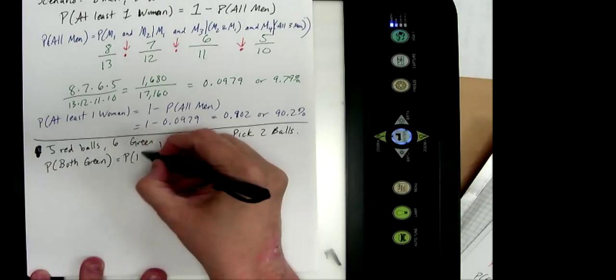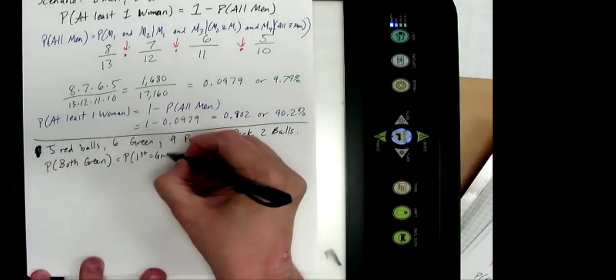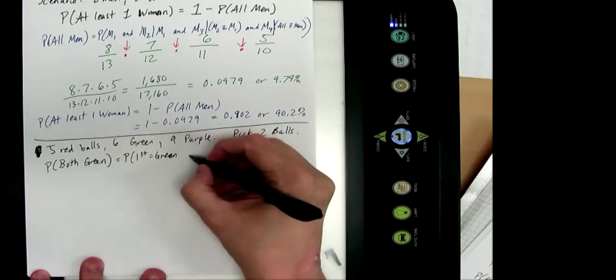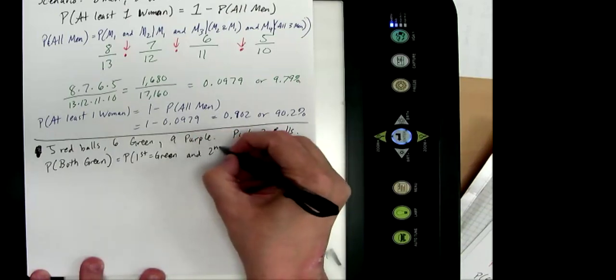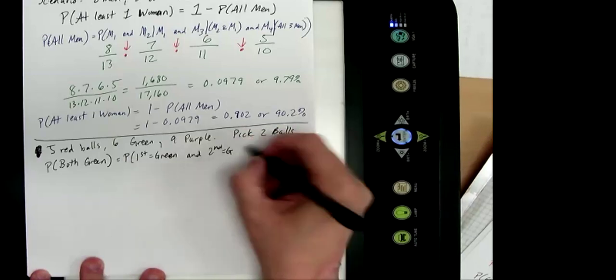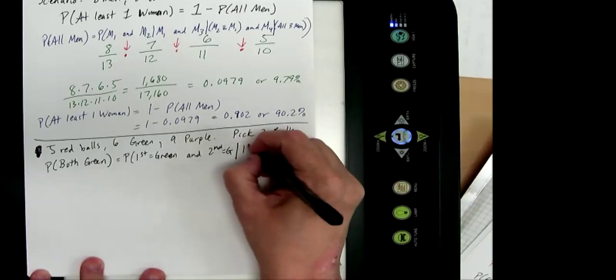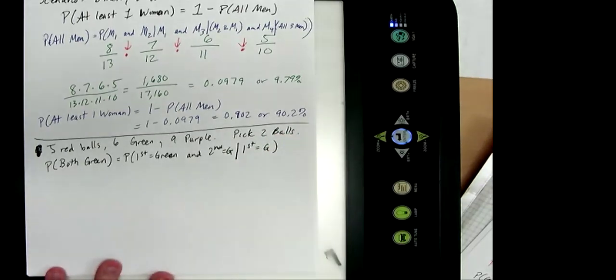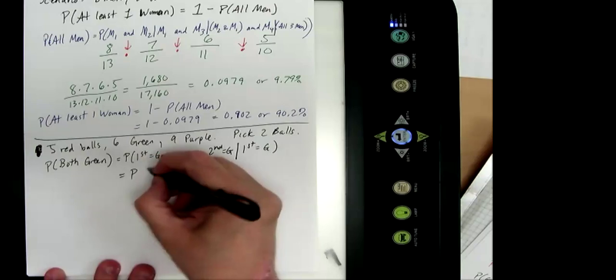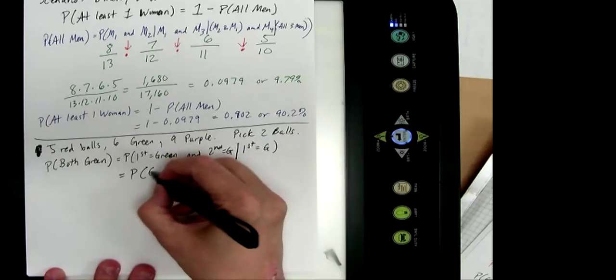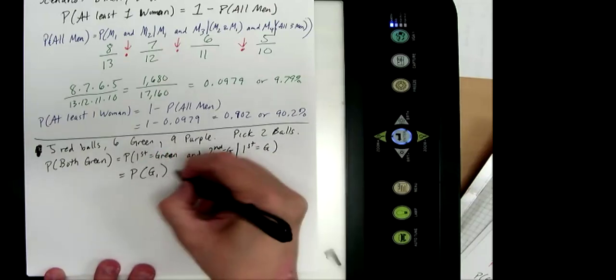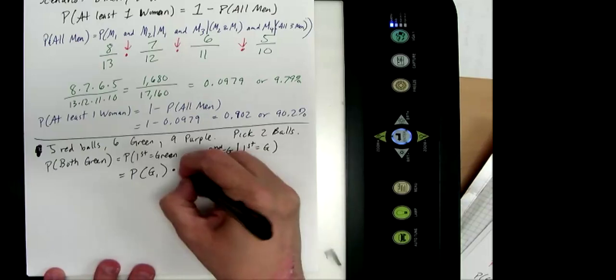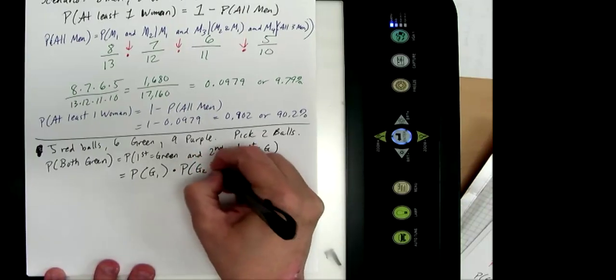This is the probability that the first is green, and the second is green, we'll just do G, given that the first was green. So we get, using that subscript I had earlier, probability of G1 times probability of G2 given G1.